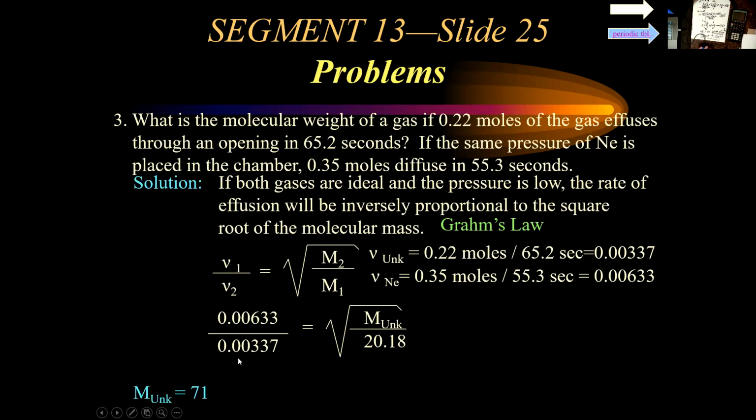The molecular weight should be higher. So I should get a number here that's greater than 20.18. If I don't, I've made a mistake. And probably the place the mistake was made is back up here and putting that relationship in wrong.